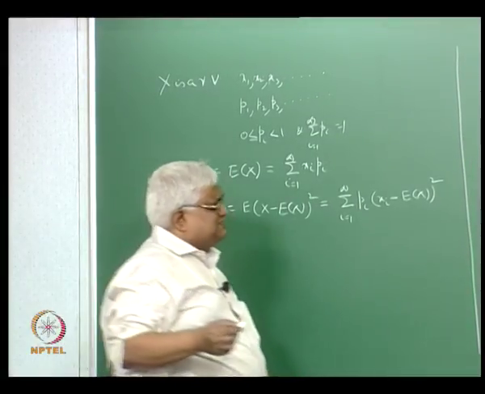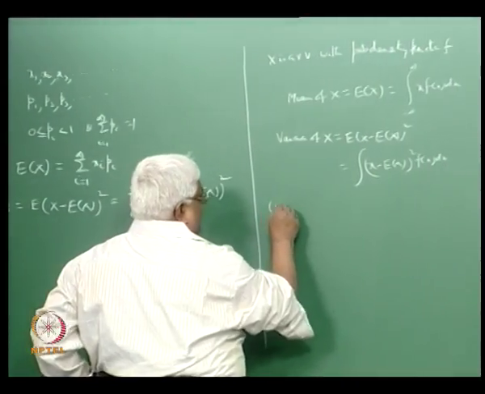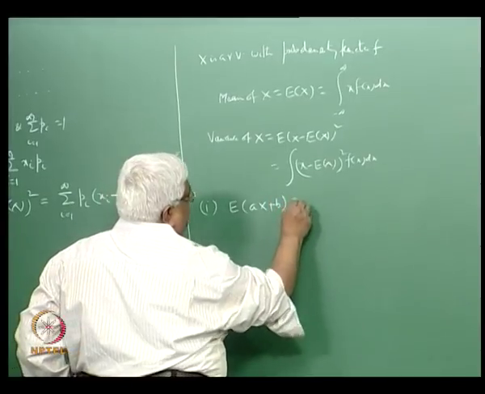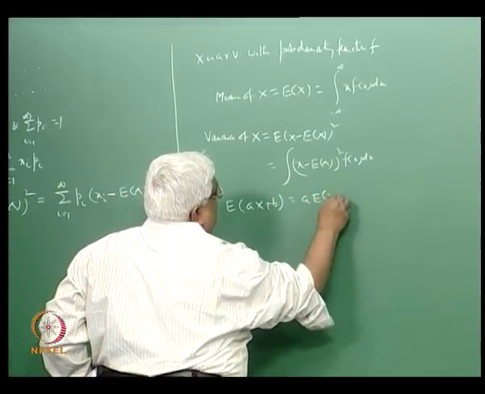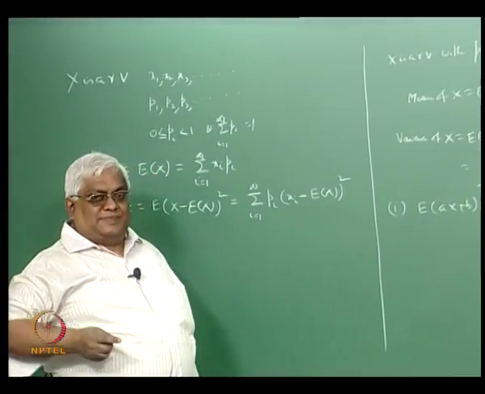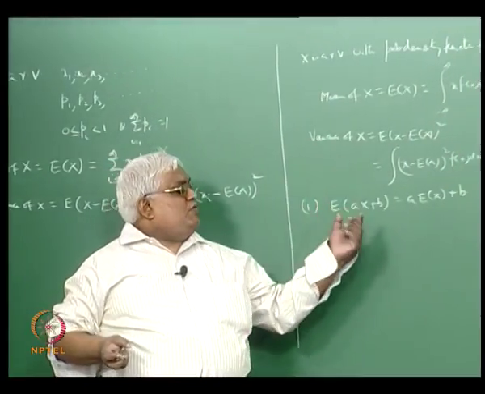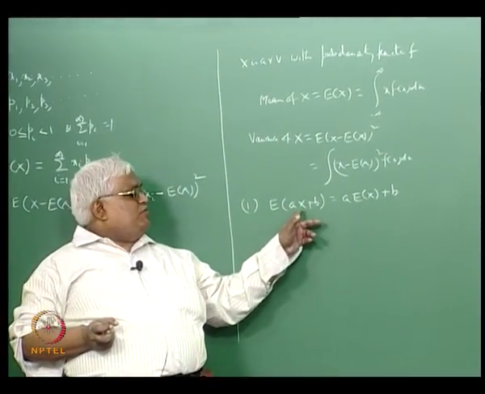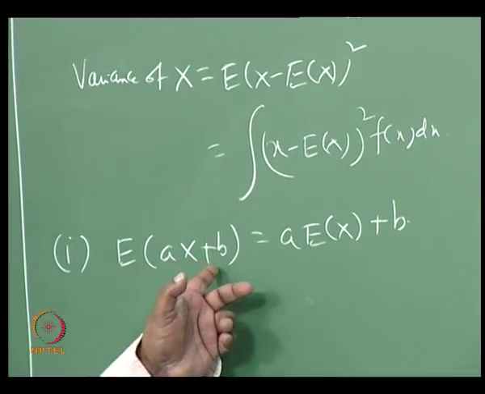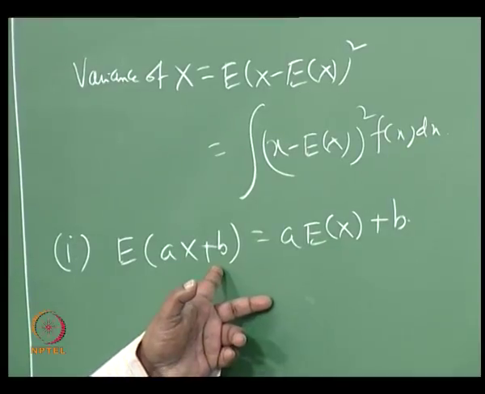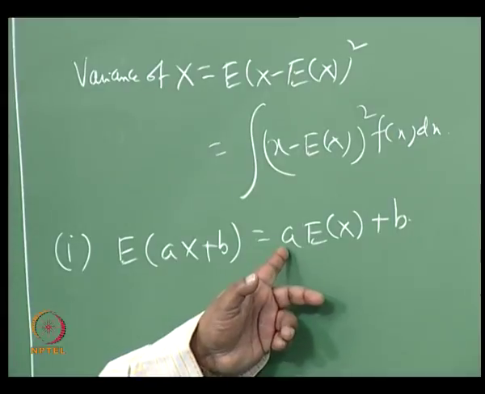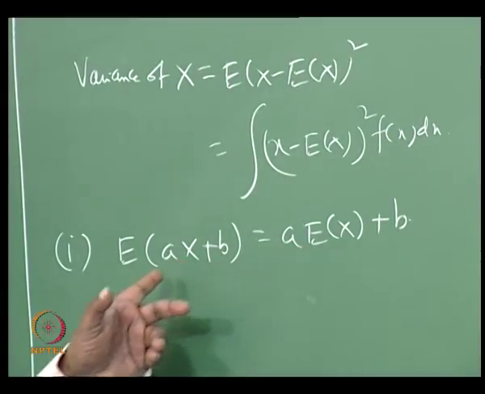Property one: expected value of aX plus b is equal to a times the expected value of X plus b. This means we have a new random variable Y, which I define as a times the random variable X plus b, where a and b are constants. So the mean of this random variable is a times the mean of the old random variable X plus b.